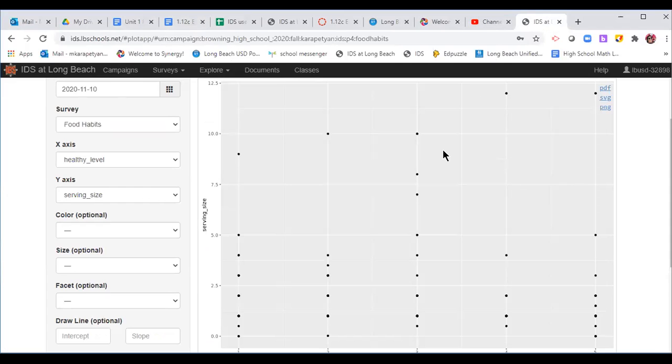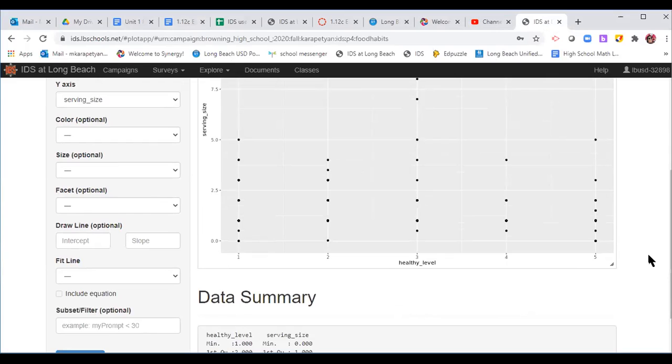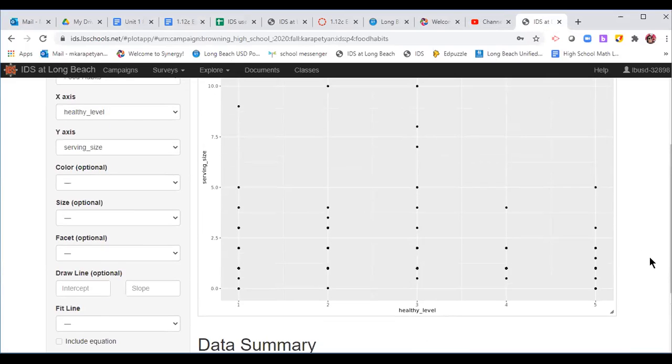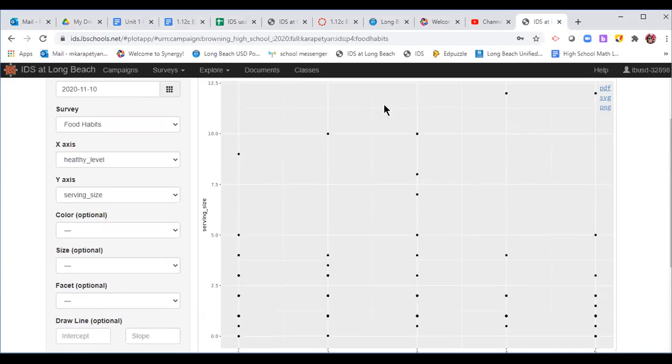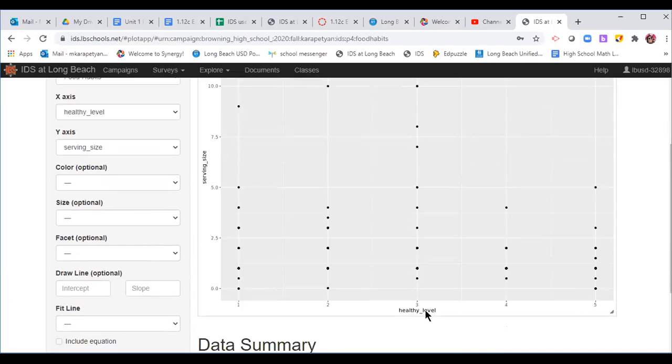So looking at these plots here, what are some statistical questions that you can write that this plot will answer? Okay, remember that we are comparing 2 variables here. So we're looking at possible complex statistical questions, something where we are asking a question about how healthy level works with serving size. If you have any statistical questions, I would like you to please share it in the chat so we can all take a look at them for this plot here.